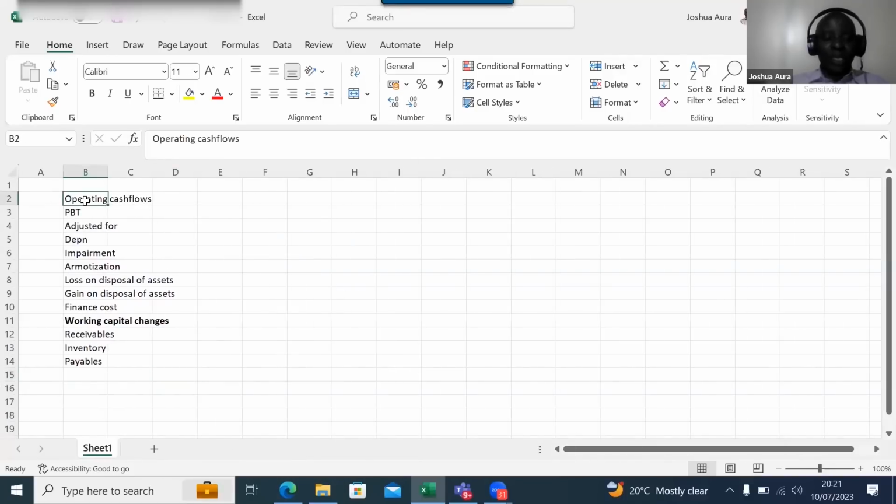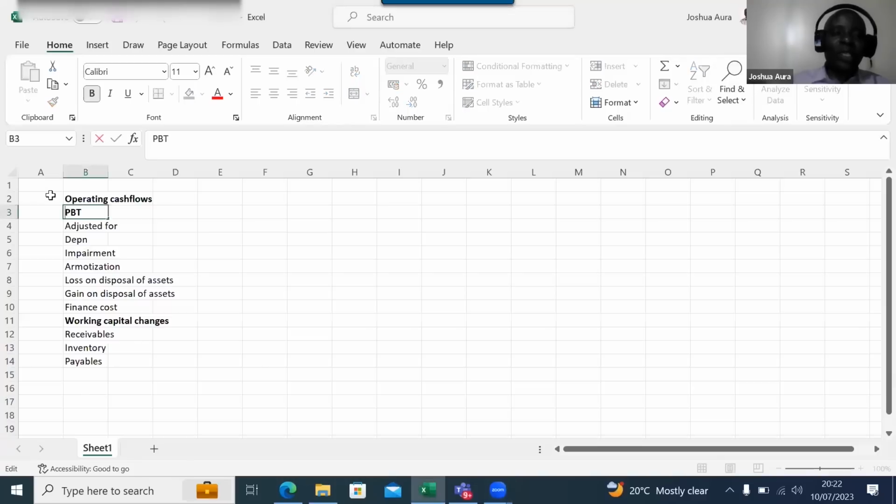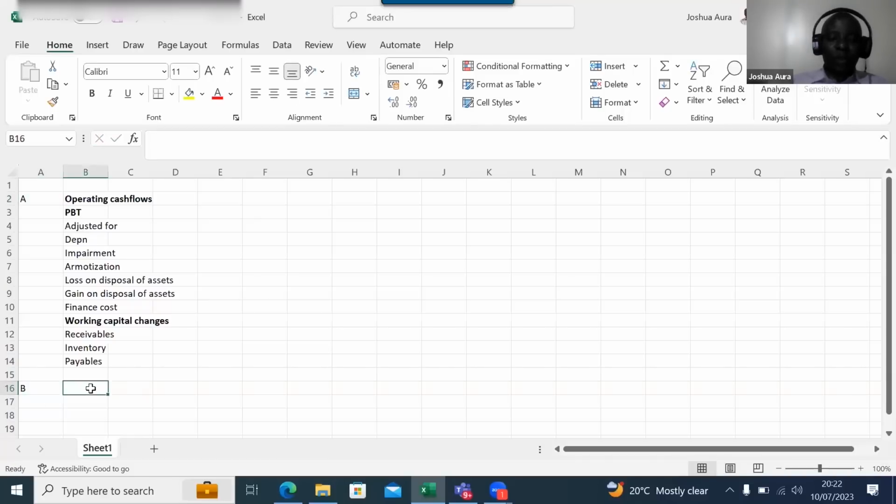So I would want to know whether we are together up to here, whether you have been able to copy this. Control B for bolding this. Profit before tax is very important, so Control B like that. Are we together? Thank you very much. And if I am the one doing this, I will not stop there. I know that these are operating cash flows, the first component, which is my A. I will come down here and write B, the second type of cash flows, which is investing cash flows.